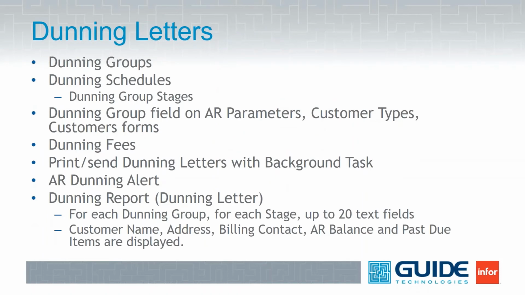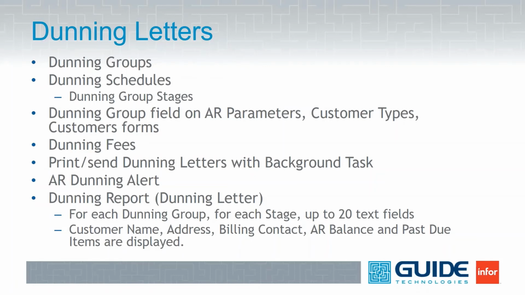So dunning letters, now there are groups and schedules that I can run my dunning letters in. There's a field on the AR parameters for customer types and customer forms relative to the dunning group that they're going to be run in. I can assess dunning fees now. Now I can print and send dunning letters with a background task. That was not available before.